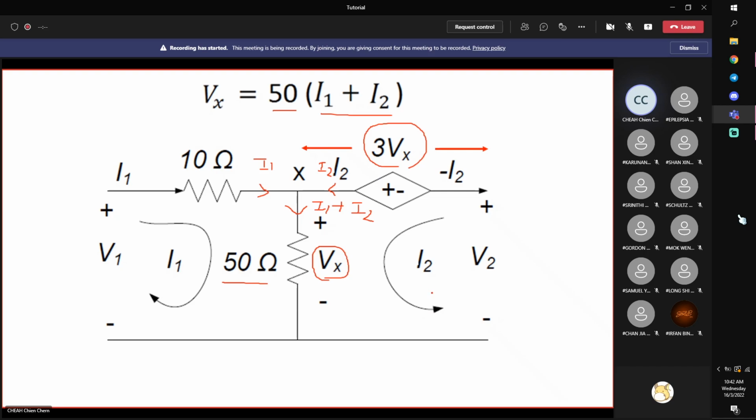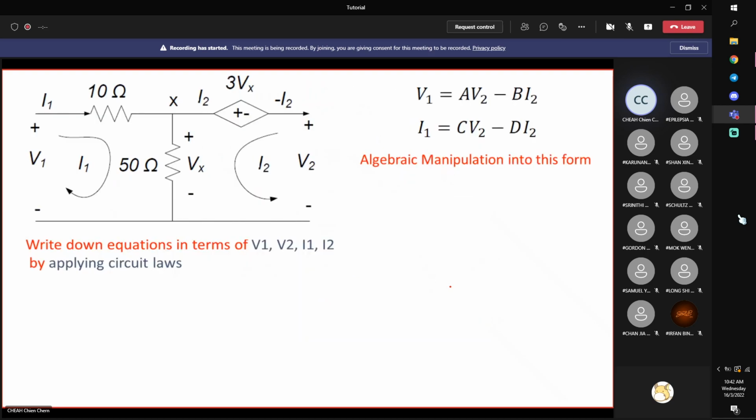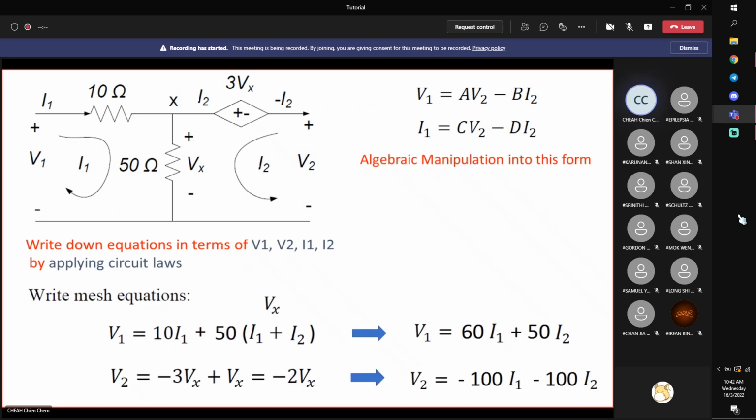Then you can proceed to use circuit analysis to write down the equations in terms of the 4 variables. So this is what we will do. We will now proceed to use mesh analysis to write down 2 equations in terms of the 4 variables, knowing that Vx can be expressed in terms of I1 and I2, right? So firstly, starting from mesh 1, go around the loop. This is V1, right? And here, you add up Vx, correct?